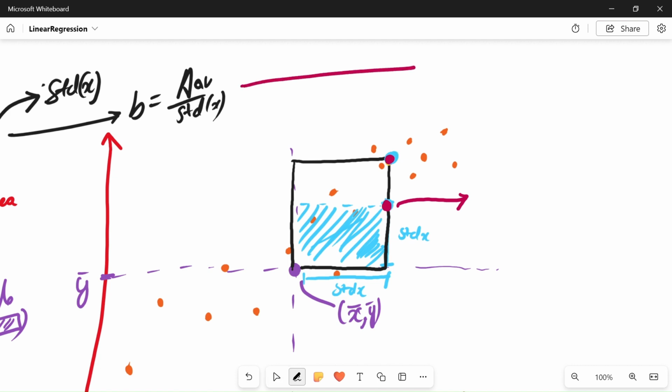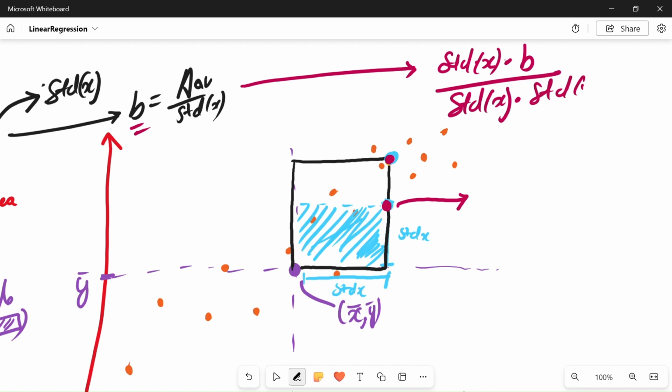So first, before that, let's see what we have done in our formula first. In the numerator we'll have standard deviation of x times this b, divided by standard deviation of x times standard deviation of x, right? The standard deviation of x part will cancel out and you will be left with b upon standard deviation of x.